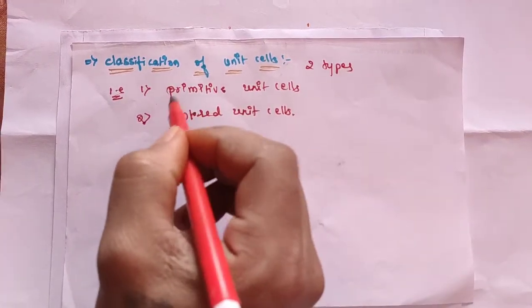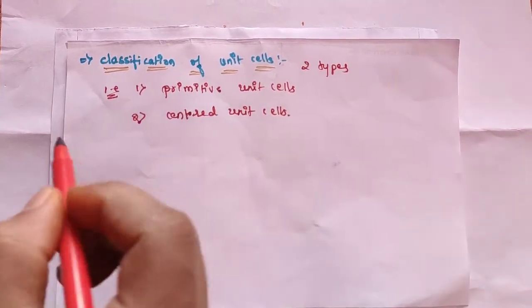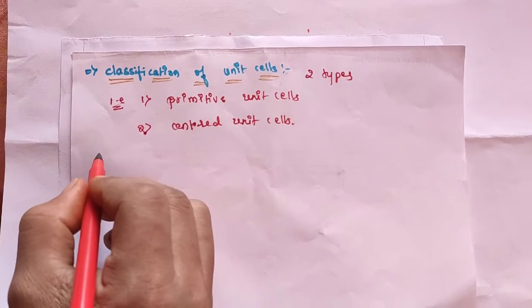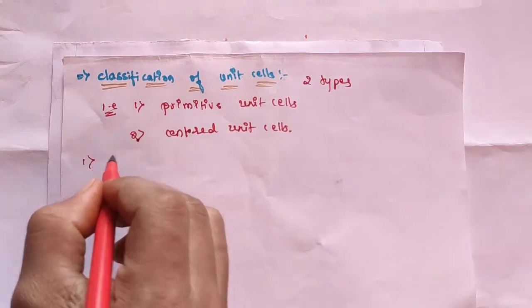So these are the main classifications: primitive unit cells and centered unit cells. Let us learn about them one by one.